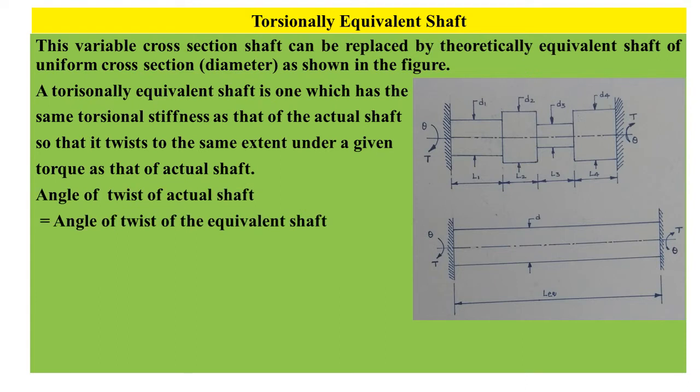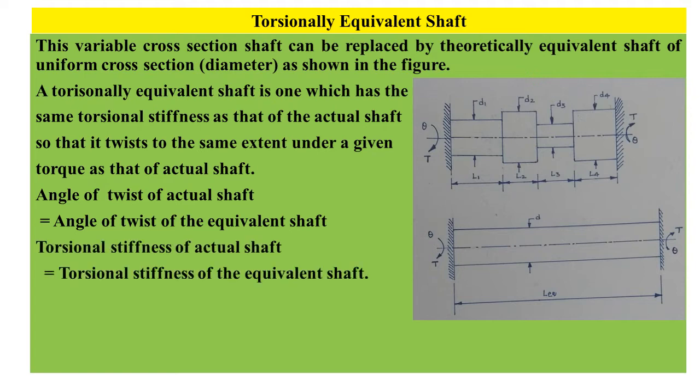Angle of twist of the actual shaft equals angle of twist of the equivalent shaft. Torsional stiffness of the actual shaft equals torsional stiffness of the equivalent shaft.